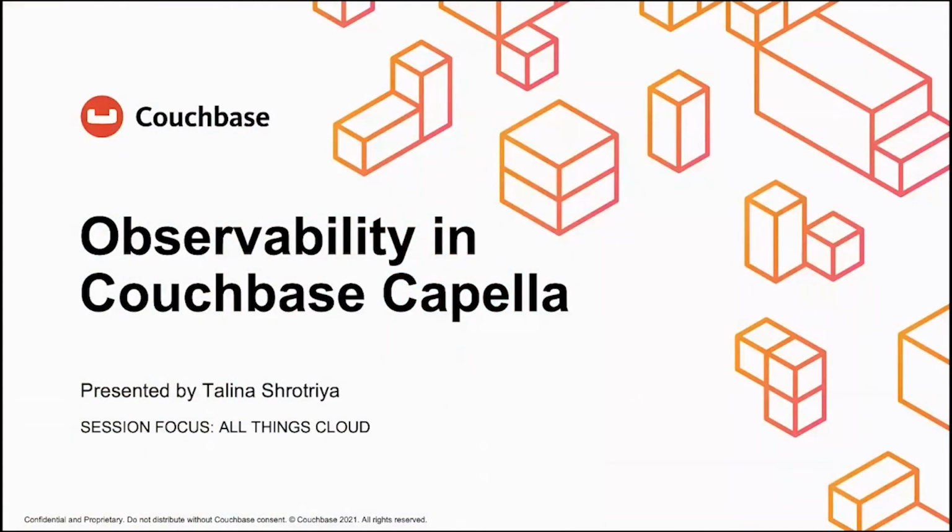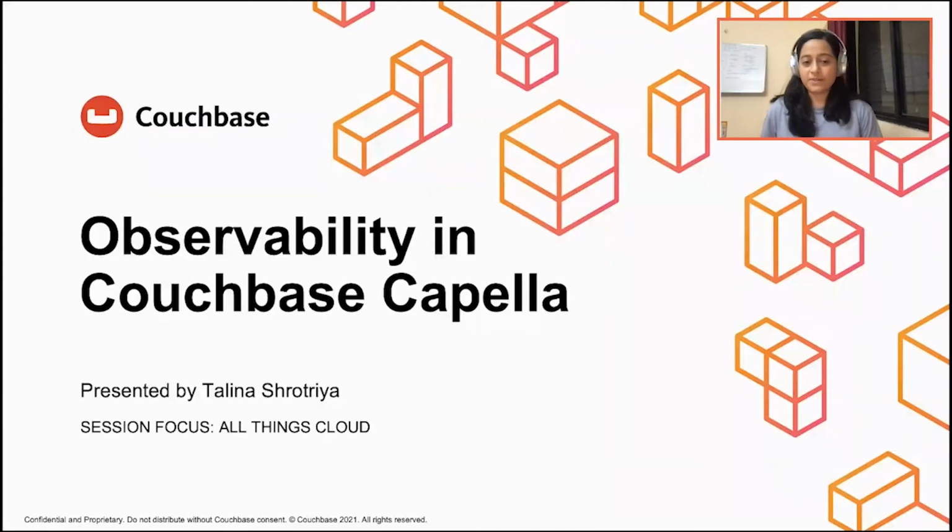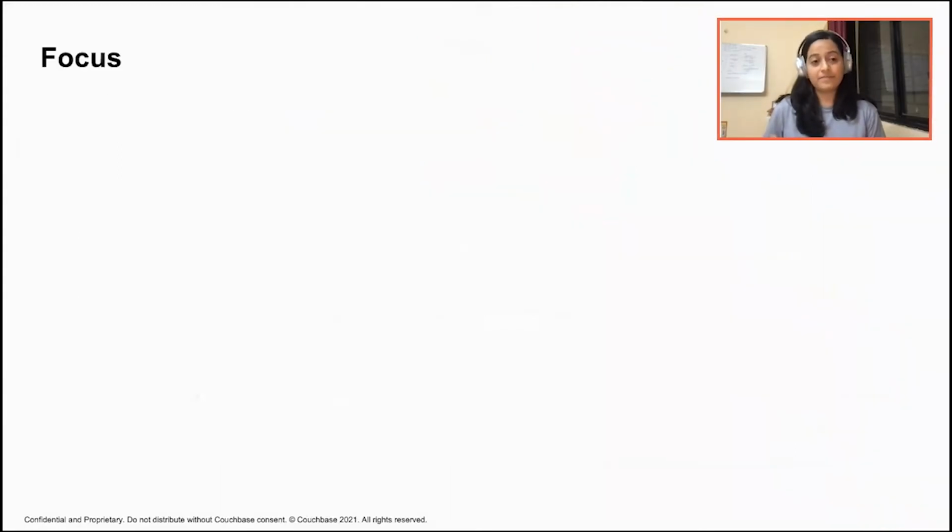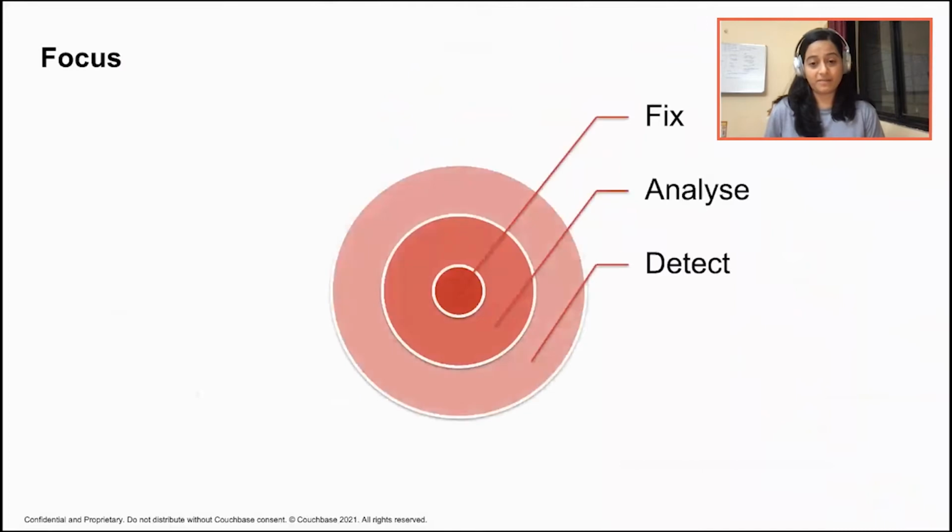So continuing on the track of all things cloud, today we're going to talk about observability in Couchbase Capella. When we speak about observability in Couchbase Capella, the main focus area is understanding how to detect and triage failures in your Couchbase cluster, analyzing these root causes, why did a failure occur, for example, and fixing the failure.